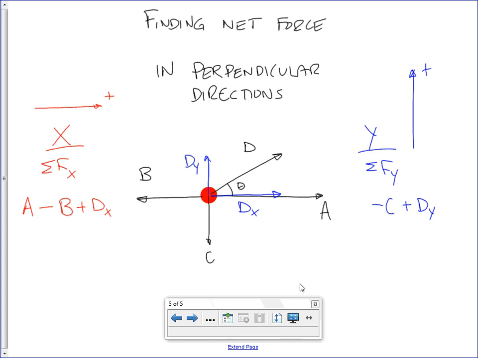Okay, so let's go one more step. I would rewrite this, if I'm being as thorough as possible, like that. That's how we express the x component of a vector. And over here, we can write negative C plus D sine theta. Might make more sense to write D sine theta minus C, same thing.